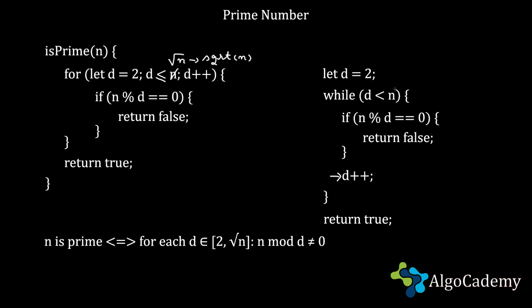And also in this piece of code, we just have to check while d is less than or equal to the square root of n. And only by changing these lines of code, instead of making a total of n minus 2 iterations, we are going to make a total of sqrt of n minus 1 iterations, which for great values of n is going to be very significant.